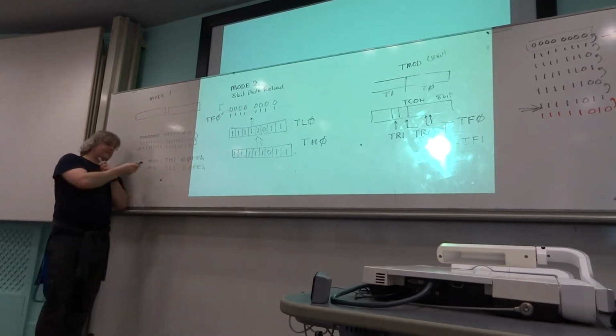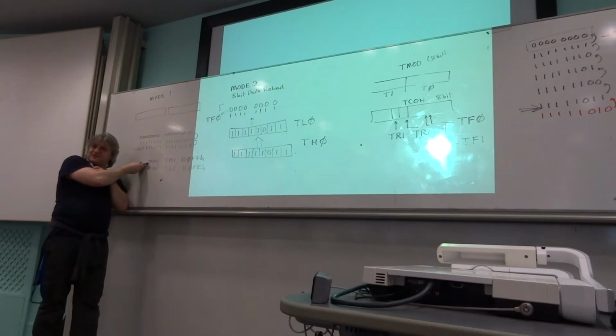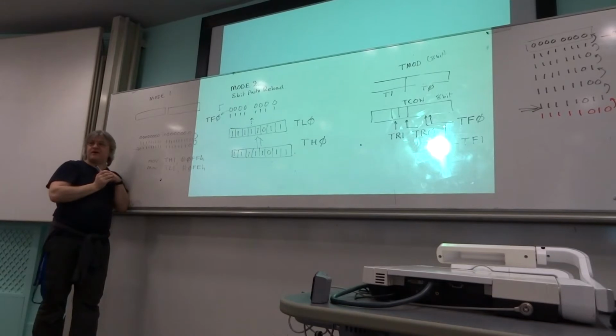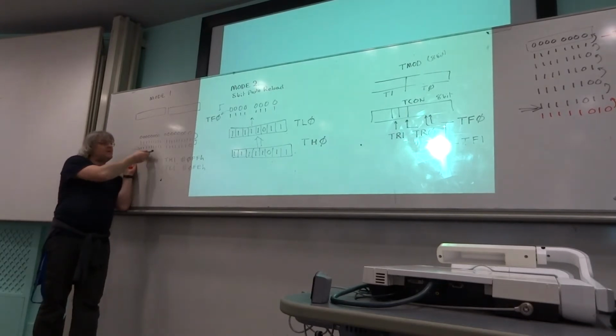Now, this actually takes time to execute. It takes maybe 1 or 2 machine cycles. So actually, using this technique, I couldn't reliably generate pulses 2 microseconds apart. But assuming that this took no time, that's effectively how I would reload a value in here.